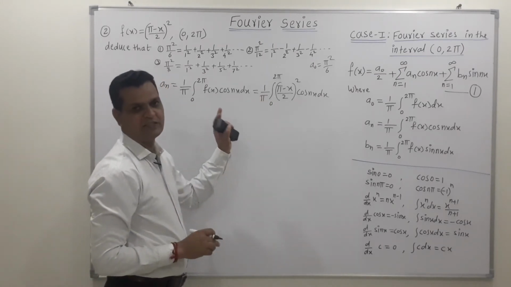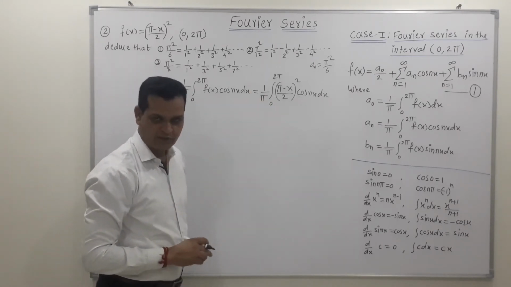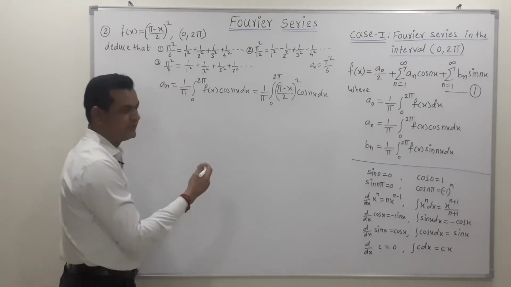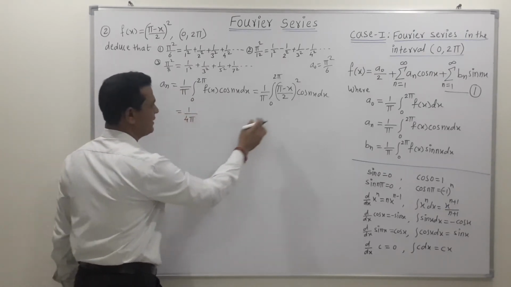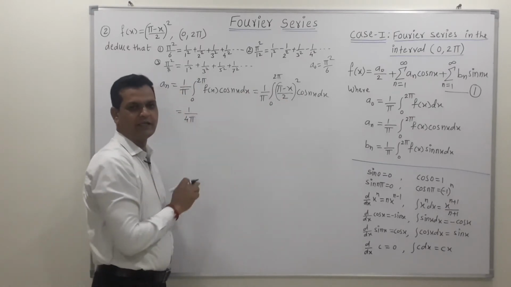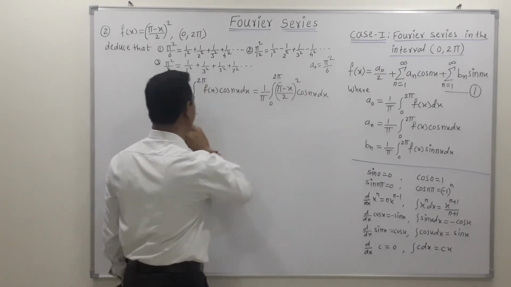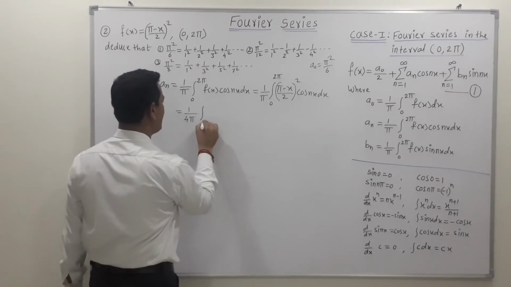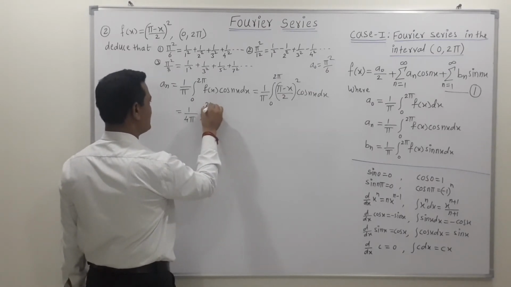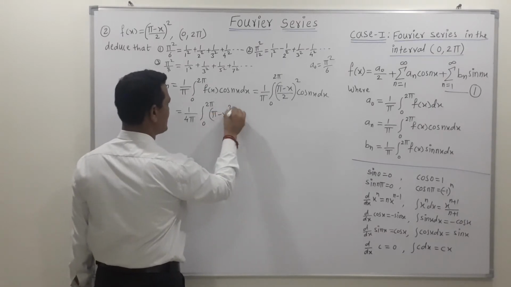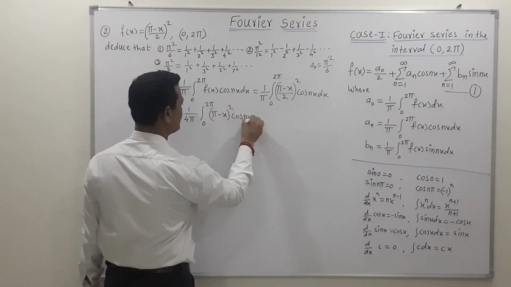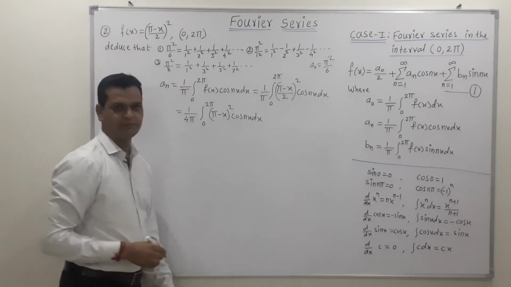After putting the value, we get this term. Now first simplify this term and then take the integration, so that the integration becomes simple. So this is equal to 1 upon 4 pi, after taking 2 outside the integration, its square is there, that's why 4 pi, then the remaining term is integration 0 to 2 pi, (pi minus x) its square into cos of nx dx.